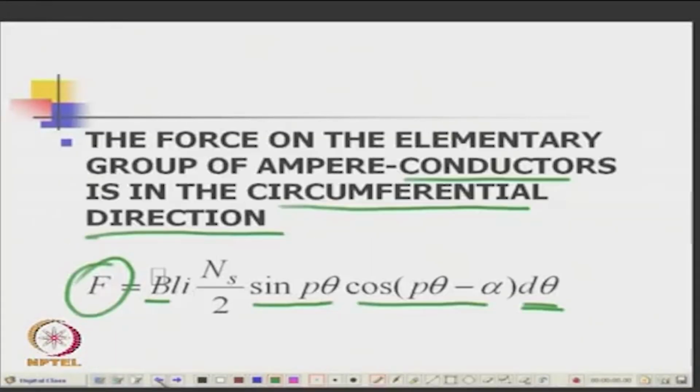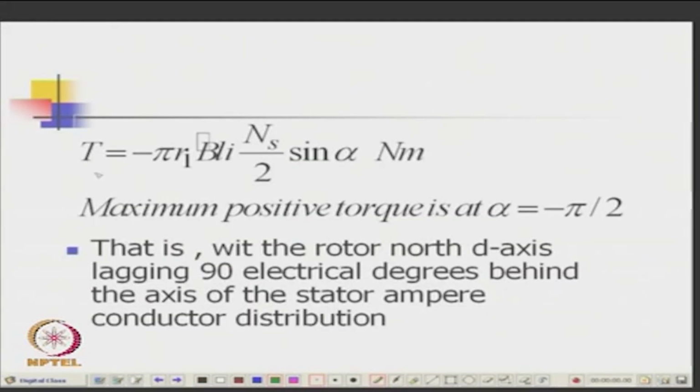So, the torque will be the force experienced multiplied by the radius, and you will get an expression like this: some constant into B into I into sin alpha.